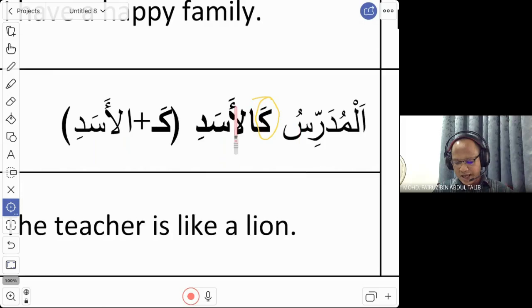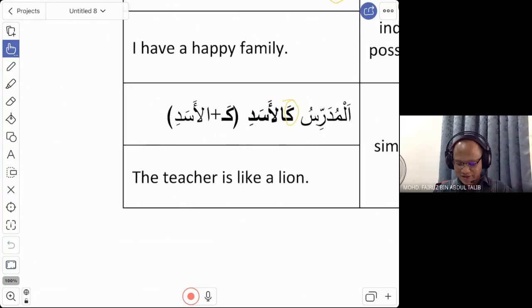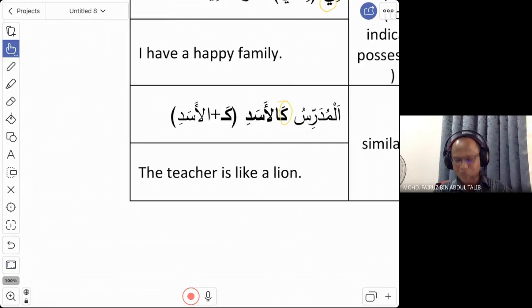Al-mudarrisu kal-asadi. Al-mudarris, the teacher. Ka is like or is similar. Al-asad is a lion. So the sentence is, the teacher is like a lion. He is very fierce, like a lion. So you say al-mudarris kal-asad.